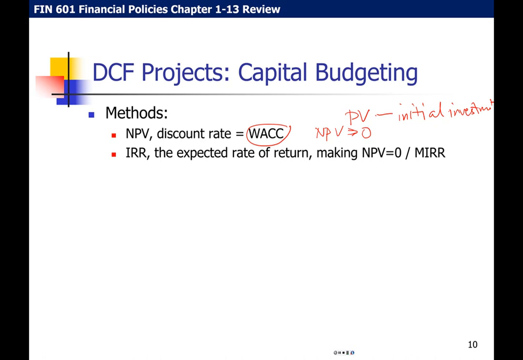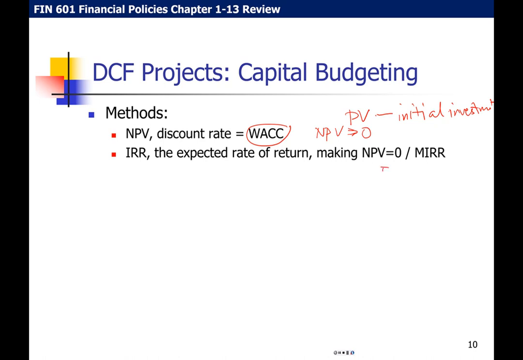Well, the IRR, as we explained, is called internal rate of return, and it's found based on all cash flows and only cash flows, and it's called the expected rate of return. So we set the cash flows and make the NPV equal to 0, and we're gonna find the internal rate of return.